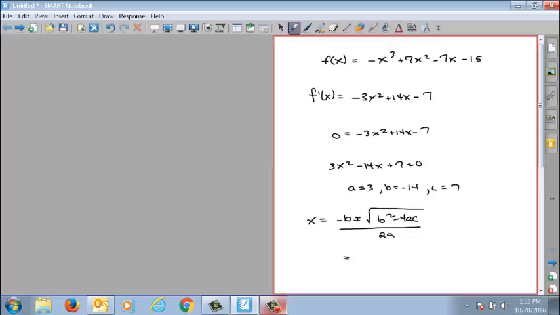So for our particular case, we have negative 14 plus or minus square root of negative 14 squared minus 4 times a, which is 3, and c, which is 7, all divided by 2 times a.